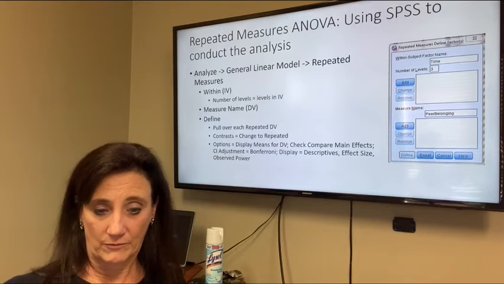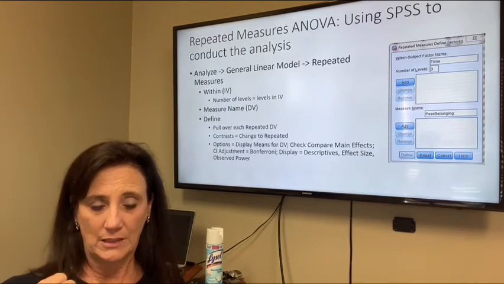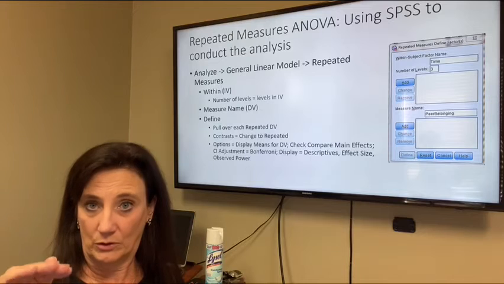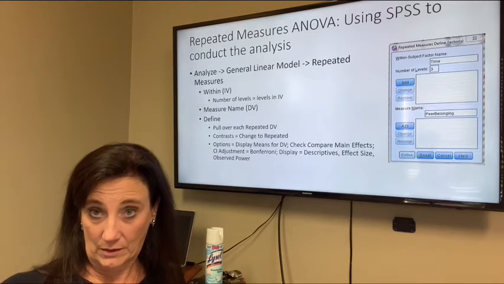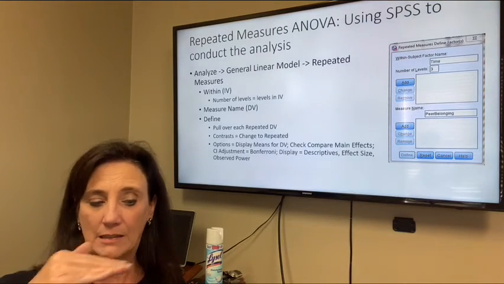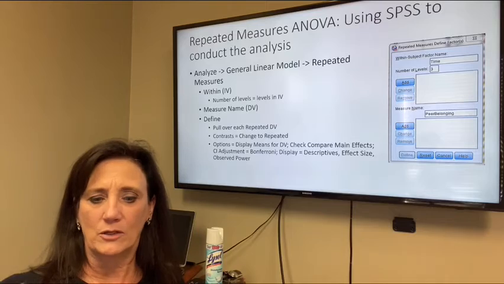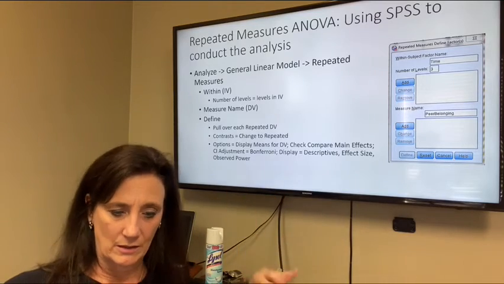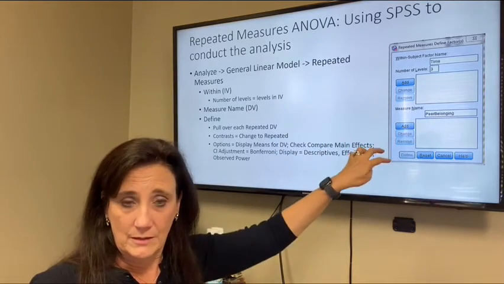Time was one of our within subject factors. Remember, we gathered 3 different time points. That's why you have the 3 levels. And then the measure name is going to be the name of your dependent variable. Now you have to drag those actual time variables and the dependent variable over into the appropriate boxes.